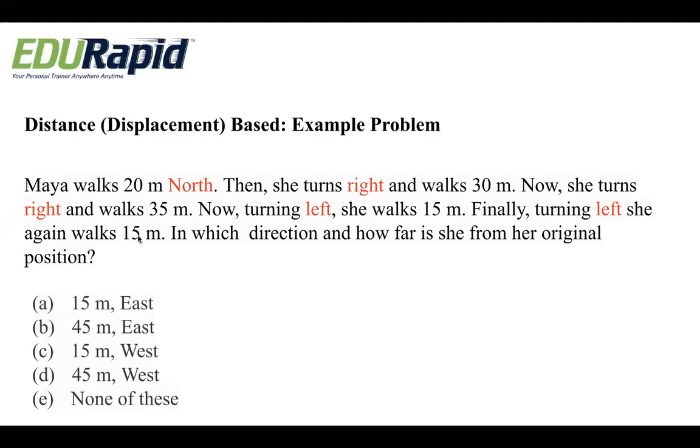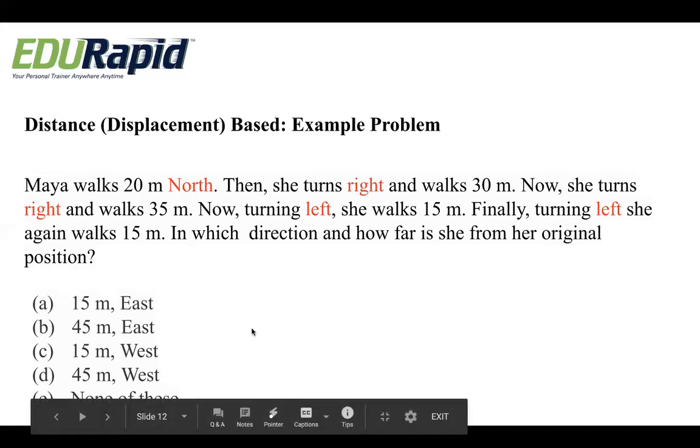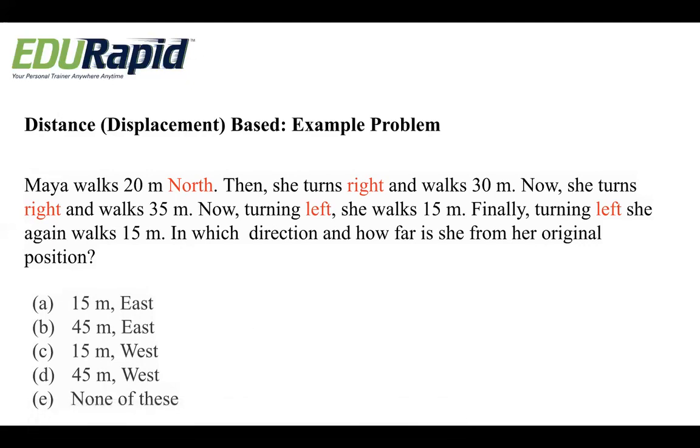That's why they have given the distance and the direction. I'll give you a few seconds to make a note of this, or you can start trying the problem, and I'll go to the next slide and start explaining.